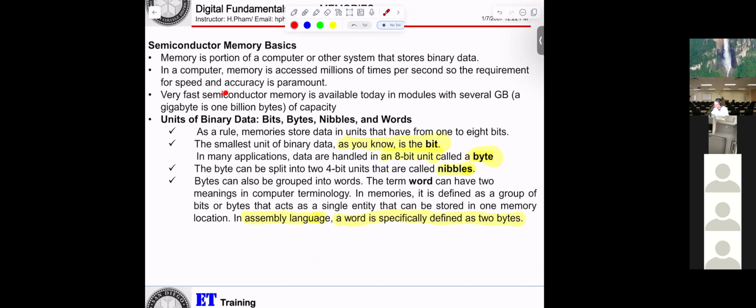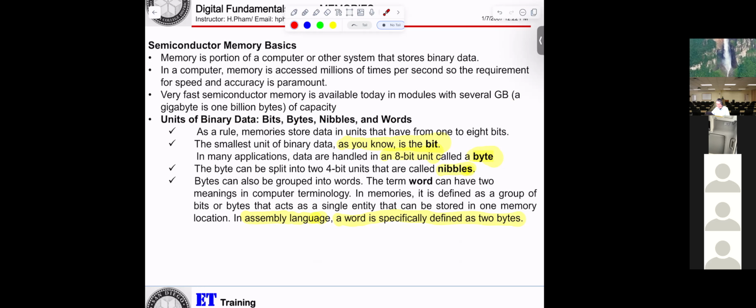Very fast semiconductor memory is available today in modules with several gigabytes, okay, 1 billion bytes of capacity. Units of binary data: bit, byte, 8-bit, nibble, 4-bit, and a word.